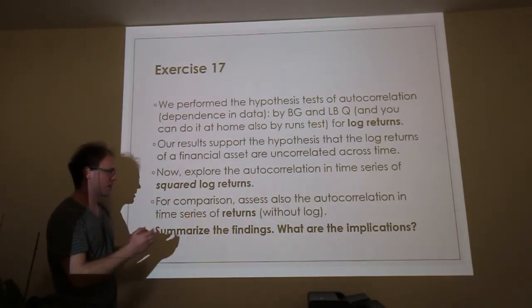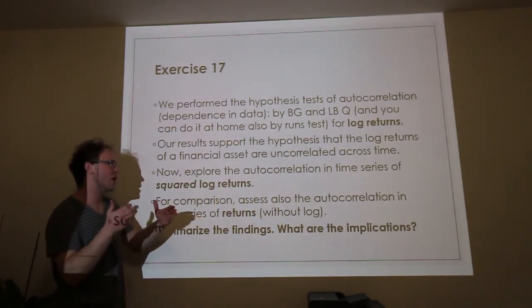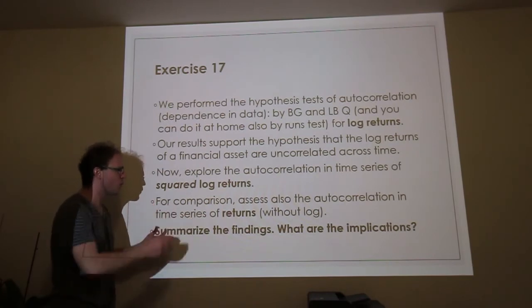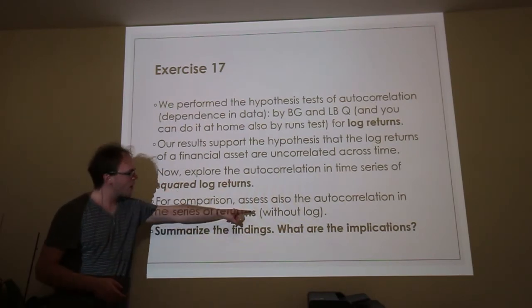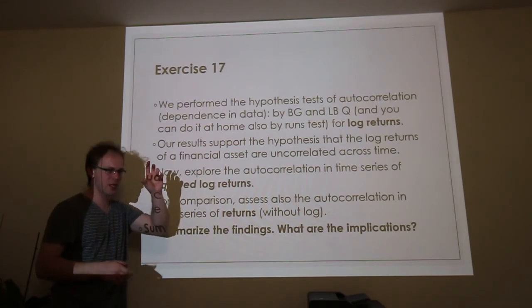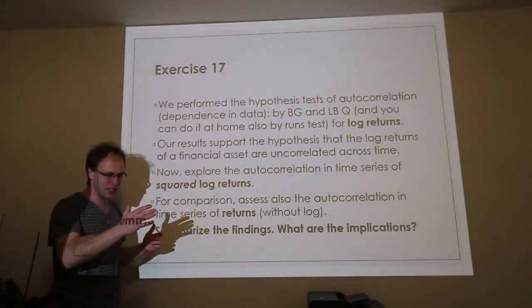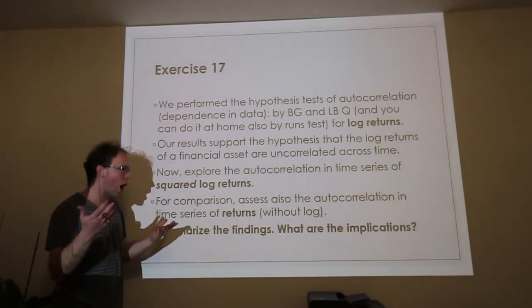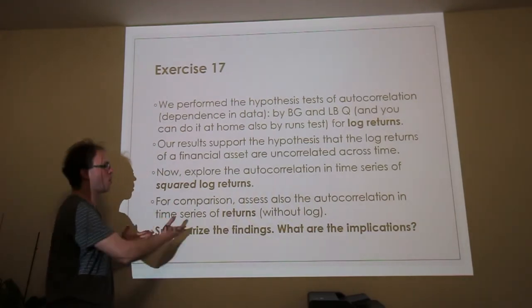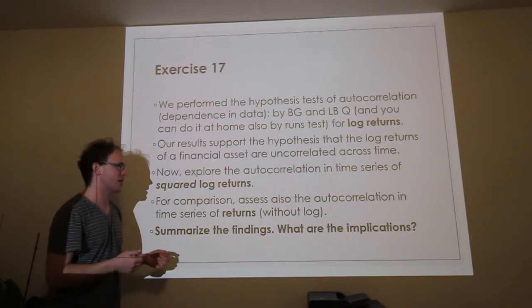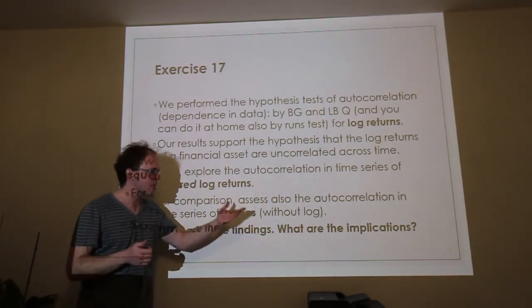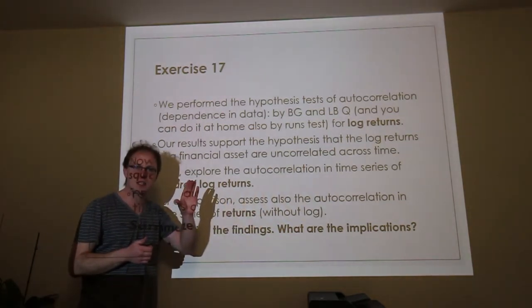For comparison, assess also the autocorrelation in the time series of returns without logarithms, so just the ratio of price in time t and price in time t minus 1. Summarize the findings. What are the implications?